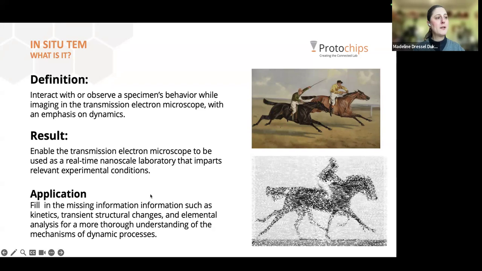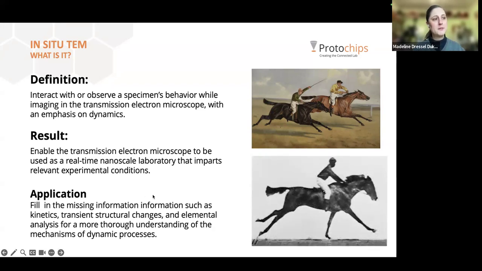What you find out is that when the horse is running, it always has one foot on the ground for trotting and galloping and things like that. So that's the goal of in situ: people started to really play with it and delve into it, to see what's happening but retain that resolution in the microscope.